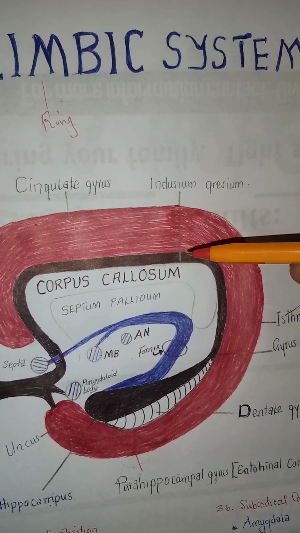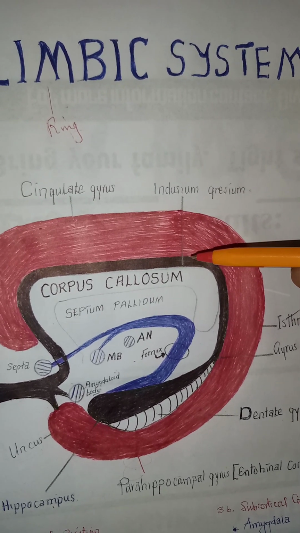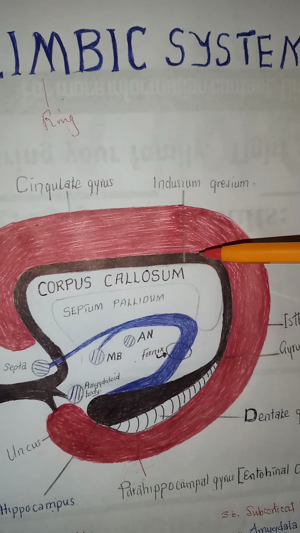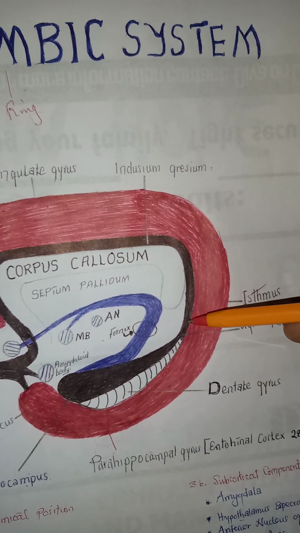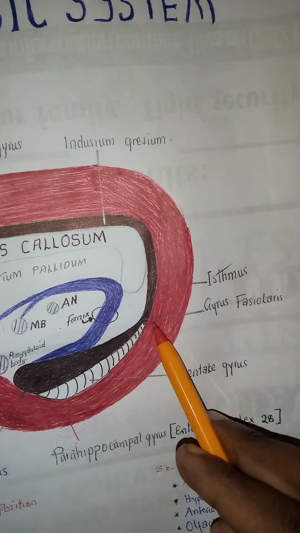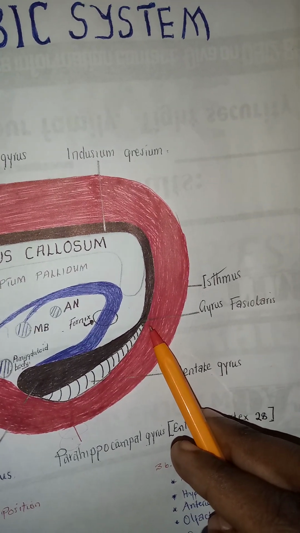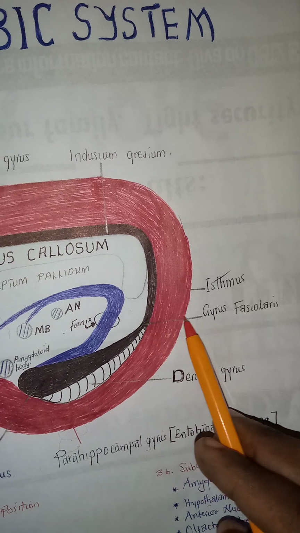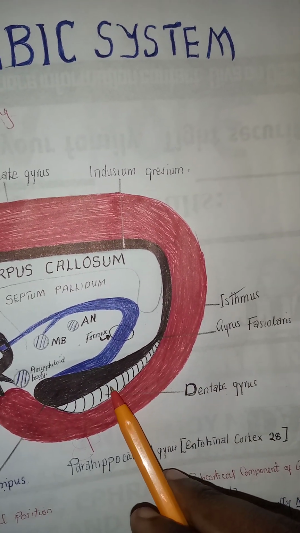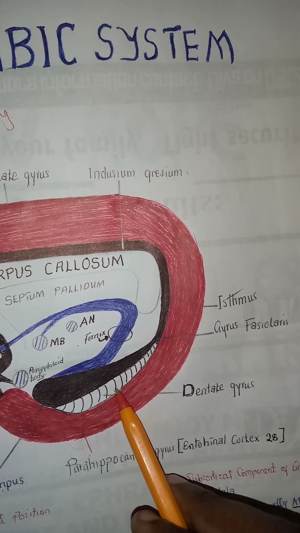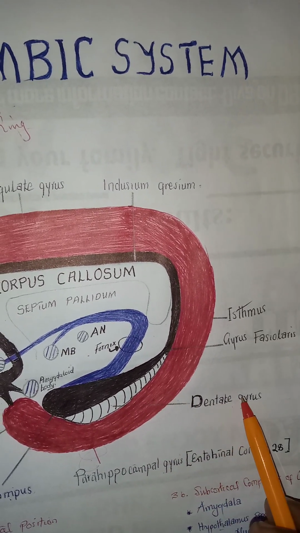The indusium griseum forms the medial and lateral longitudinal striae, and then we follow it inferolaterally here. We have another part here which is called the gyrus fasciolaris. The gyrus fasciolaris is another part, and then this part which is present with zebra lines is called the dentate gyrus.